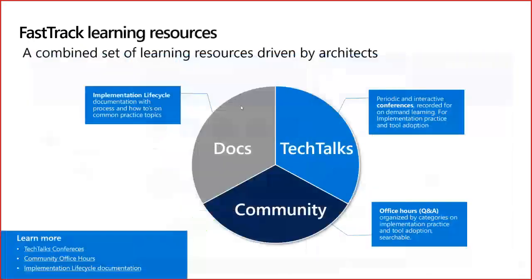And then we call your attention to each one of these resources. They are a very important layer in the Fast Track program, and they are always available to you. All of these resources are available to all customers and partners in the Fast Track program. And the links for you to start using these resources are always available in the onboarding slide deck.